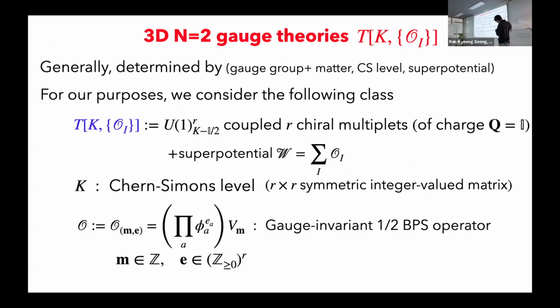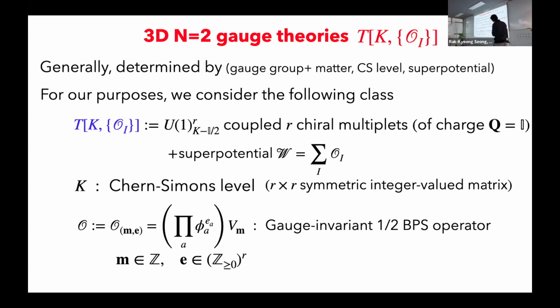And let me also explain the basic construction of a 3D N=2 gauge theory, which is labeled by the choice of an r times r symmetric integer-valued matrix K, which is called the Chern-Simons level, and some superpotential deformations.